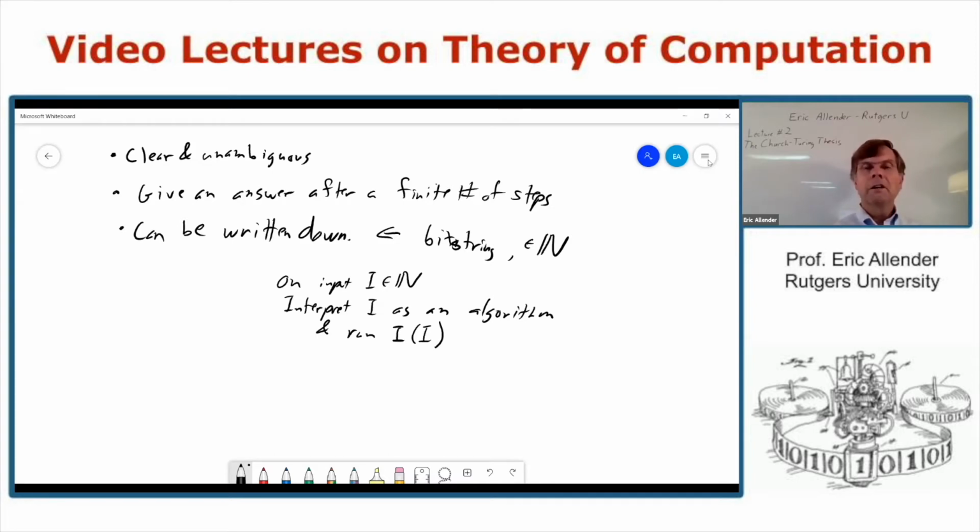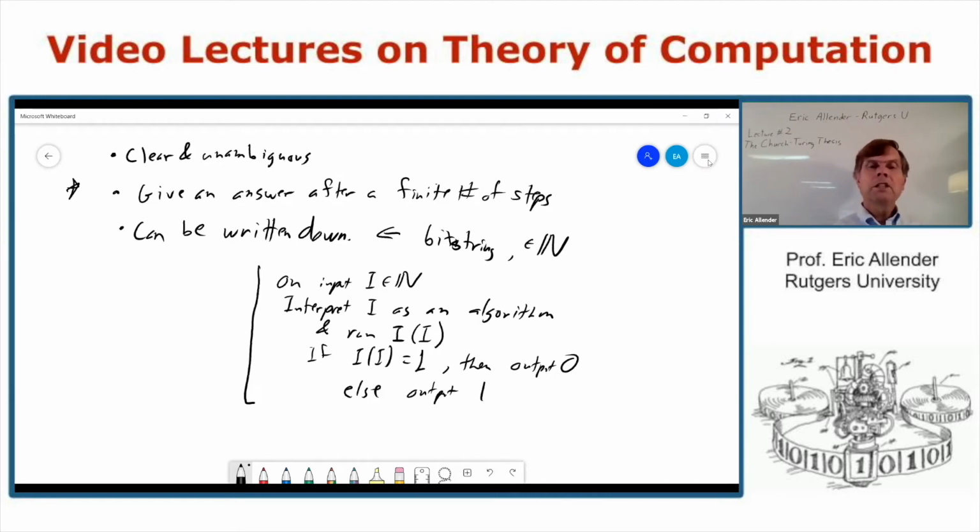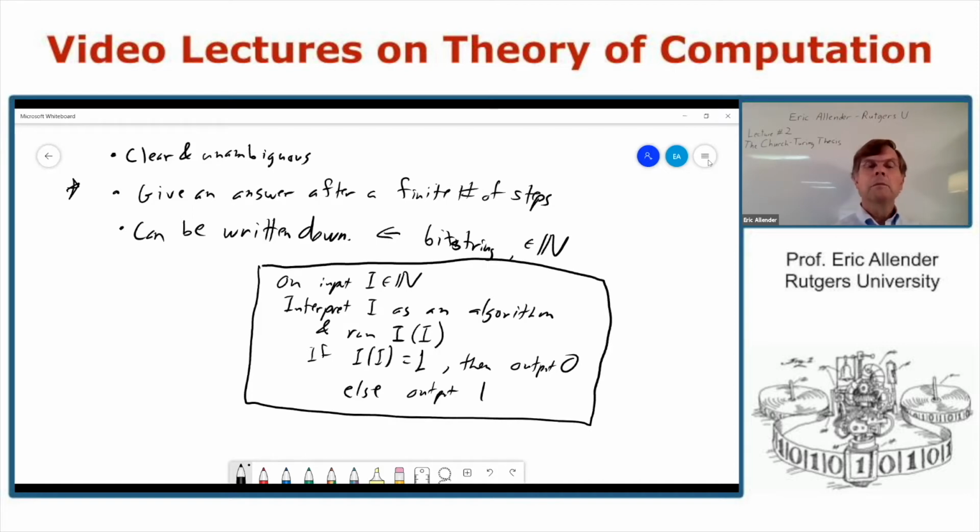Why not? It's there, it's handy for us to use. And then after a finite number of steps, according to this rule, it should give us an answer. And if I of I is equal to 1, then output 0, else output 1.